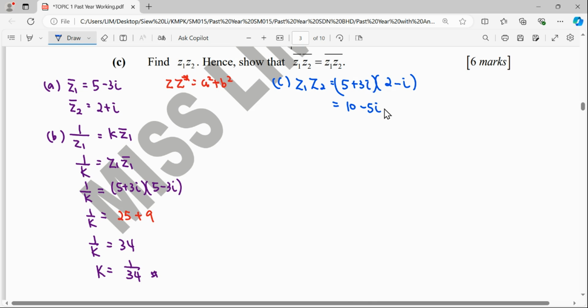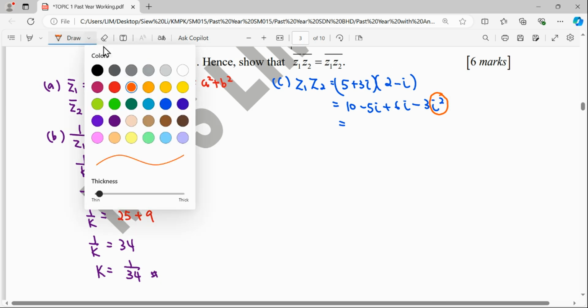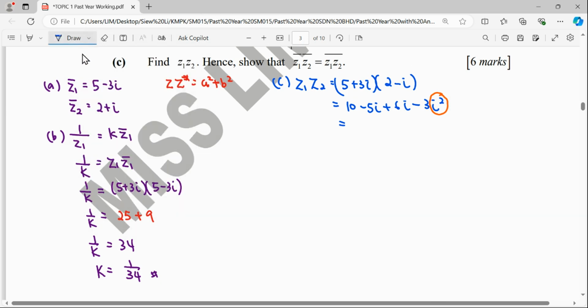Then 3i times 2, positive 6i. Then minus 3i squared. For i squared, we can simplify it to become negative 1. So negative 1 times negative 3 will become positive 3. Finally, we get the real part is 13. For the imaginary part, negative 5i plus 6i will become positive i.